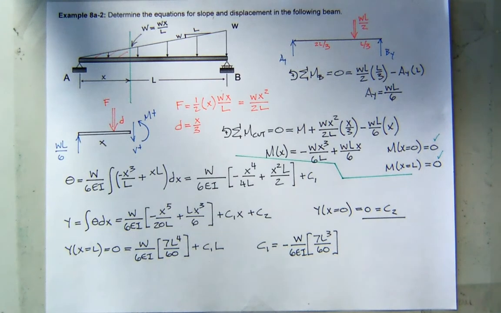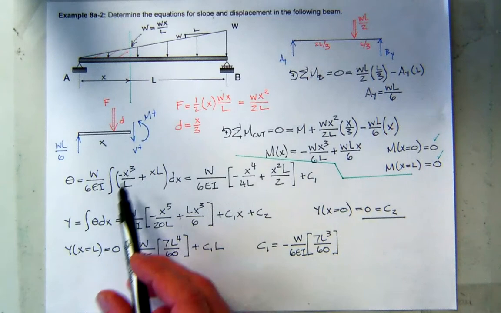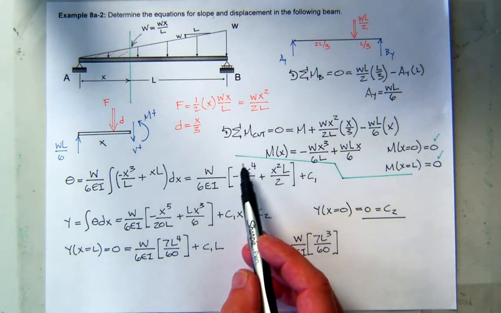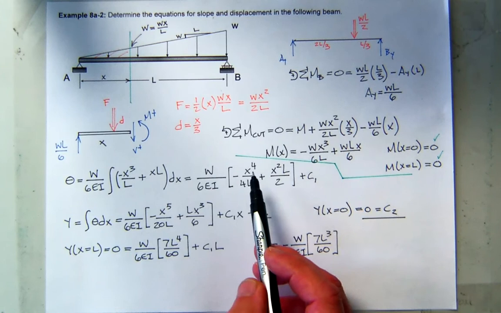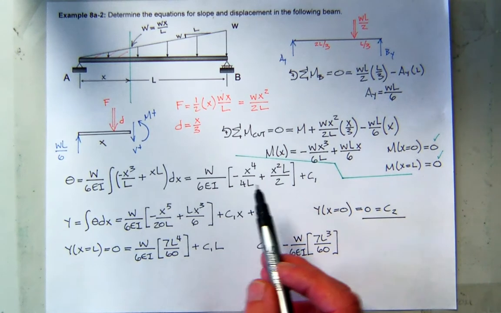I guess you should check it to make sure it works. I mean, obviously, if I put in x equal to 0, the whole thing goes to 0. What if I put in x equal to L? Well, I've already checked that here, so hopefully that would work too. Where's the maximum displacement? Well, remember, you would have to go up here to your slope equation, which is now a quartic equation, and find the roots of a quartic. It's not as crazy as it might seem, but it is possible.